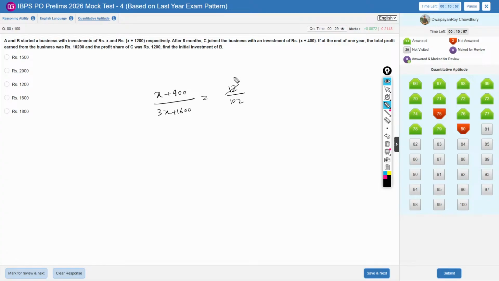So 4, no, 2, 3, or rather 6, right? 6, 2, 6, 1, and 7. So 17x plus 4 into 1700 is equal to 6x plus 4800. So 68 to this side. So 200 is equal to 11.